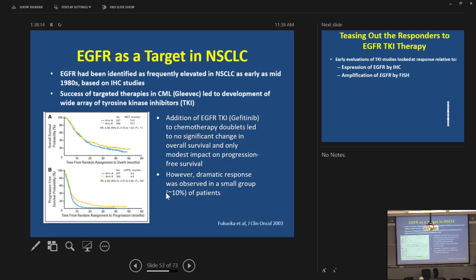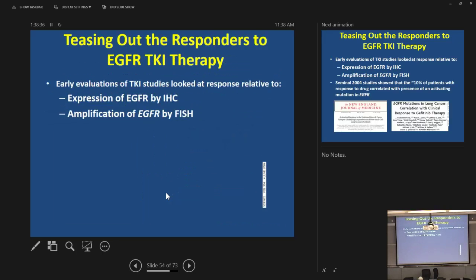All right, so this is where we came into play. If you give chemo to a patient who has an EGFR mutation, they actually do worse than those who don't. But what they did see in this study is that there was a small group of patients who did respond. So then we had to start fishing out why they responded and everybody else did not. That's where we really started figuring out the role of EGFR and these mutations in lung cancer.